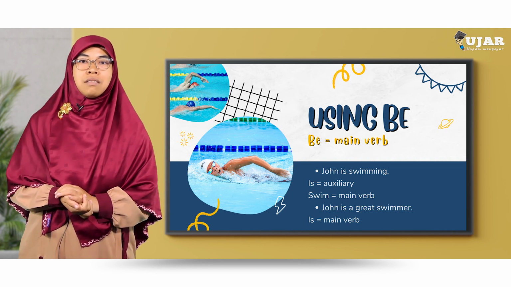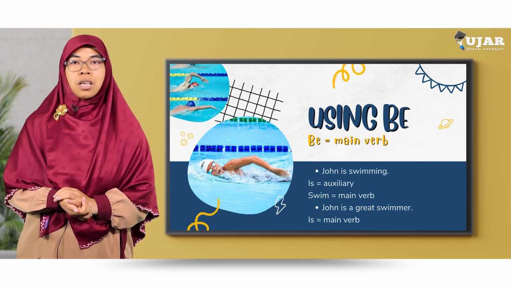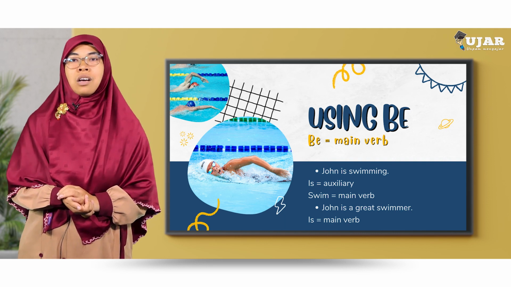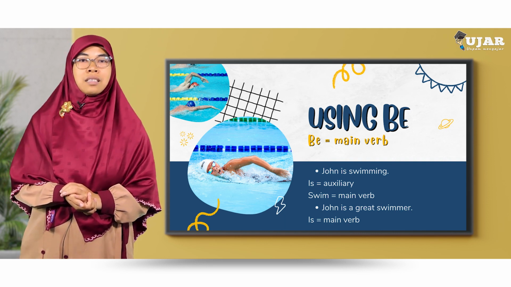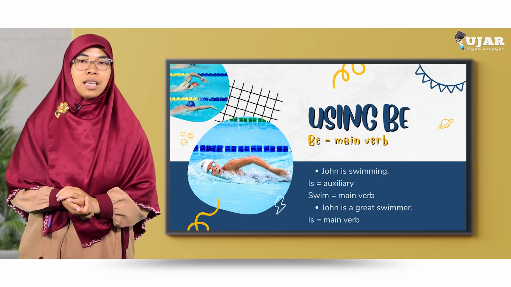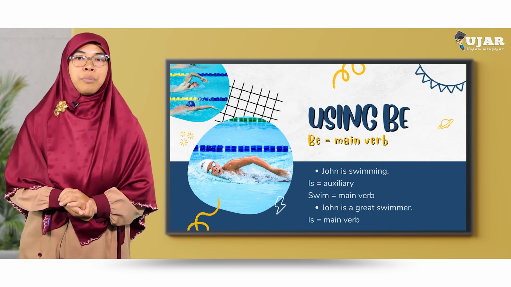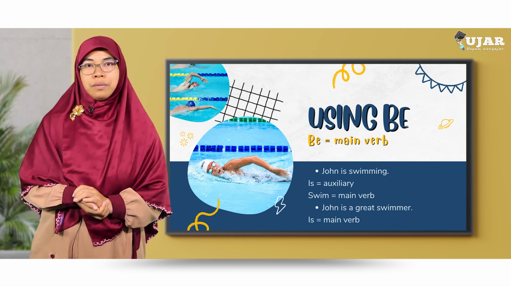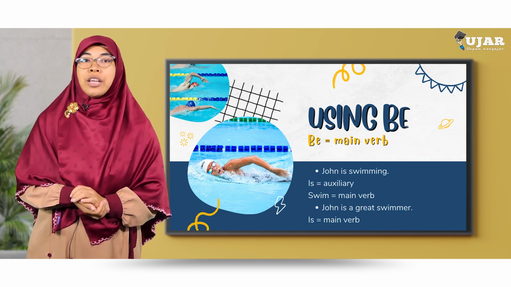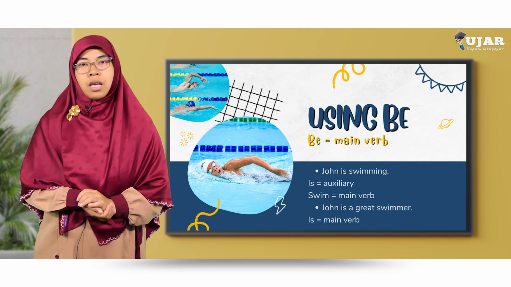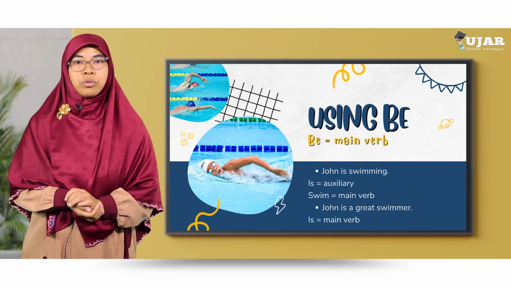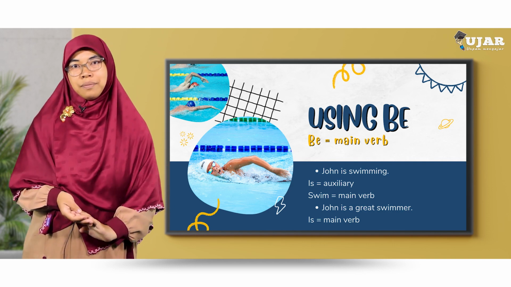In the first sentence, John is swimming, be functions as an auxiliary. It helps the main verb swim to express the action of swimming. While in the second example, John is a great swimmer, be is the main verb of the sentence. Be links the subject John with the noun swimmer.